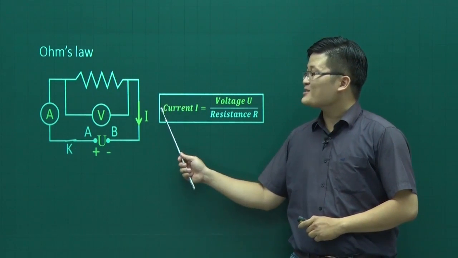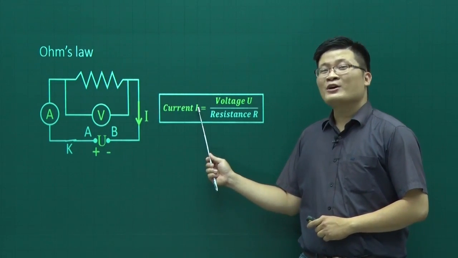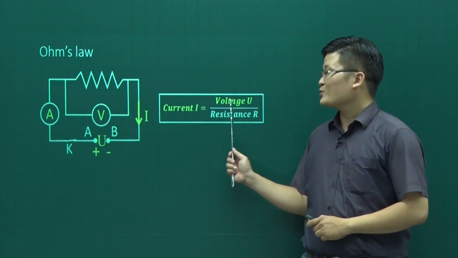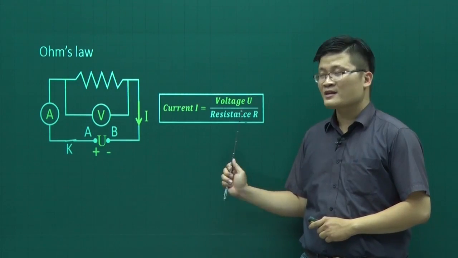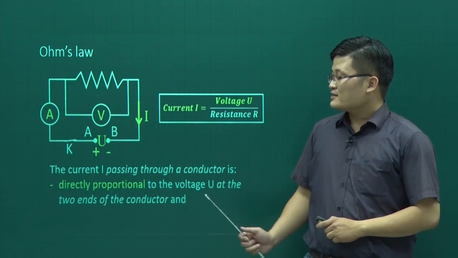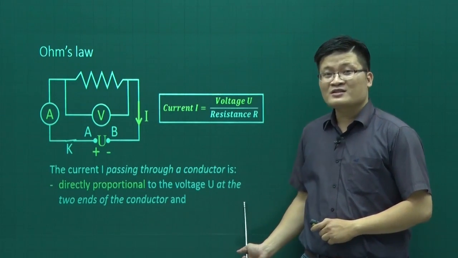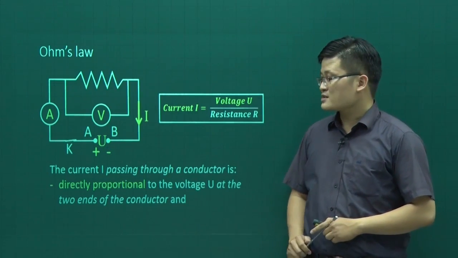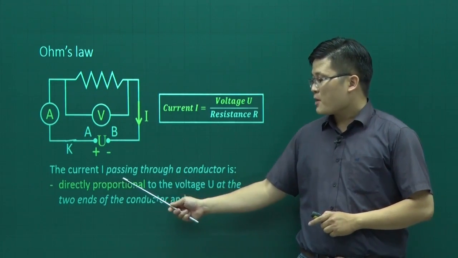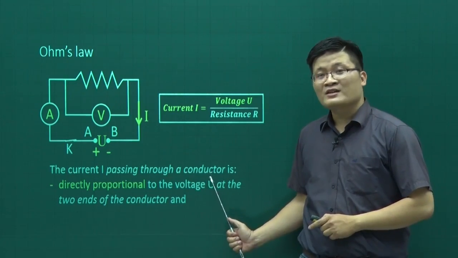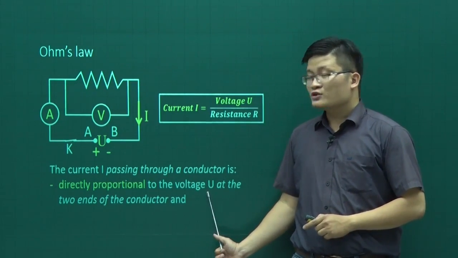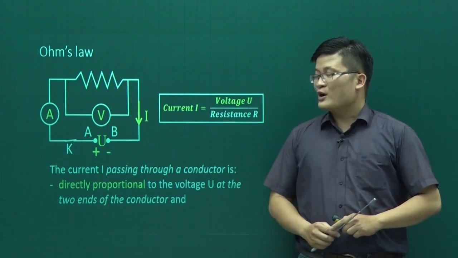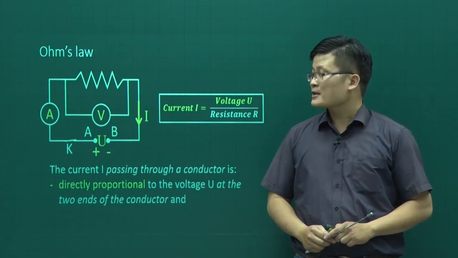And the magnitude of this current will be proportional to the voltage if we have the same resistance. Now, in full sentences, we can say the current I passing through a conductor is directly proportional to the voltage U at the two ends of the conductor.